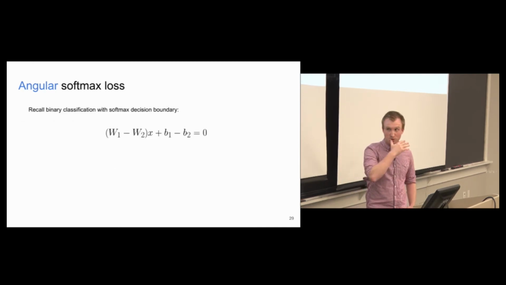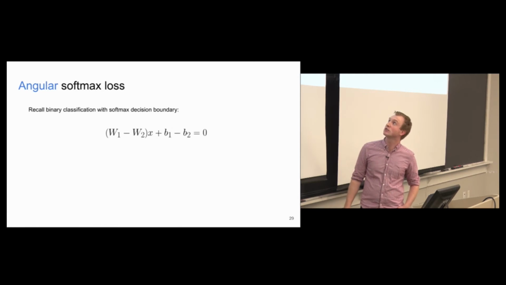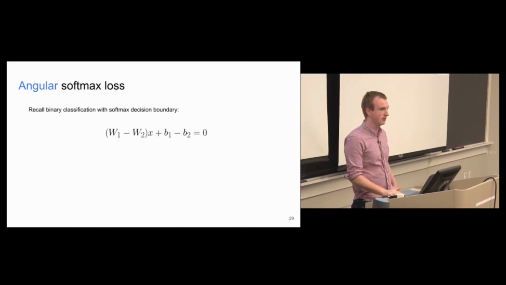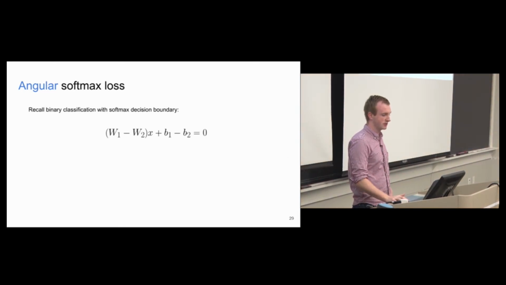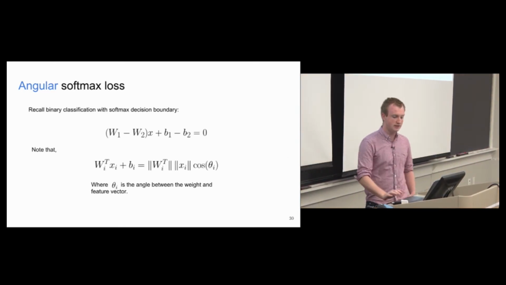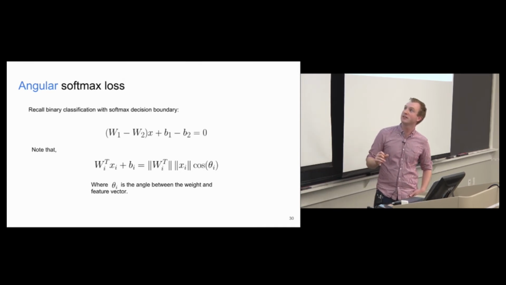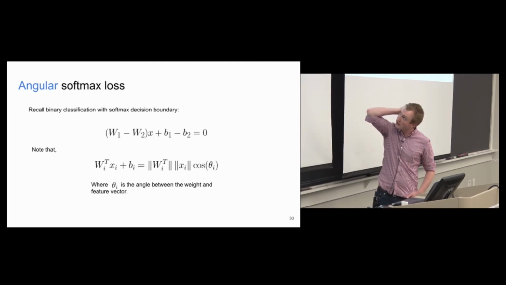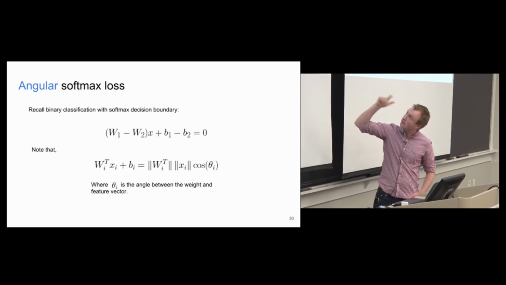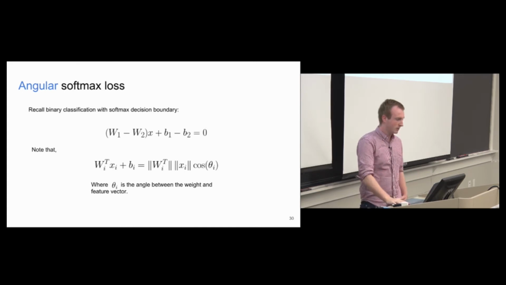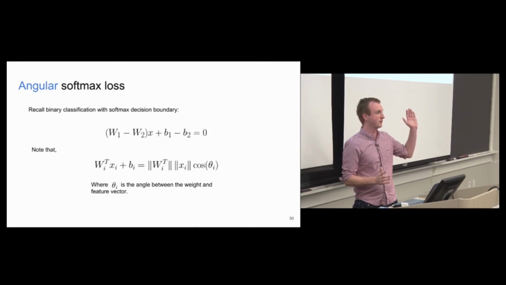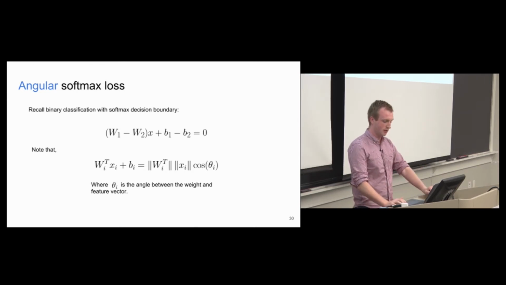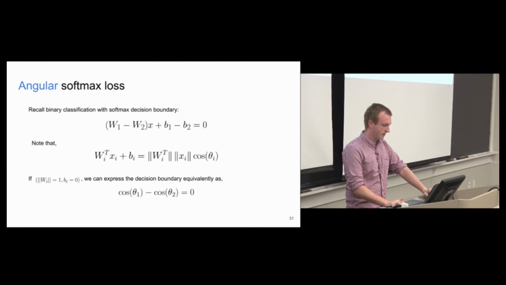All right, so let's go through understanding angular softmax. This is what we had before, the decision boundary in the binary case when the class probabilities are the same. And from your favorite intro calculus or geometry class, we can easily arrive at this, where theta i is the angle between the weight and the feature vector, x and w_i.